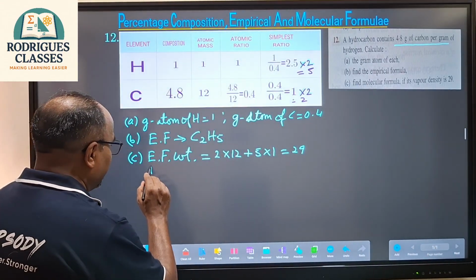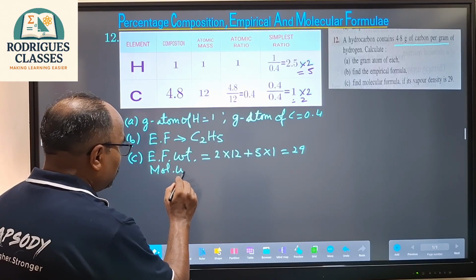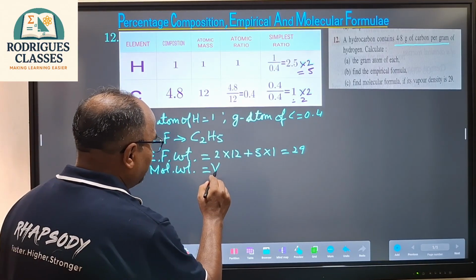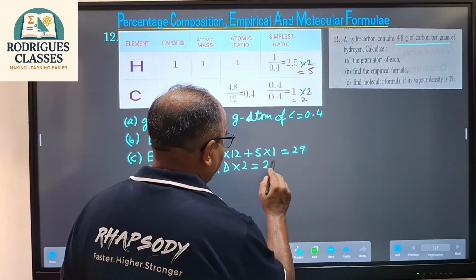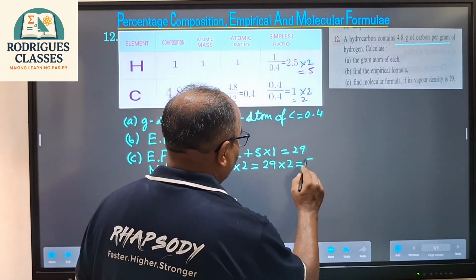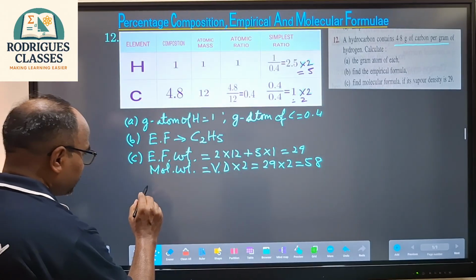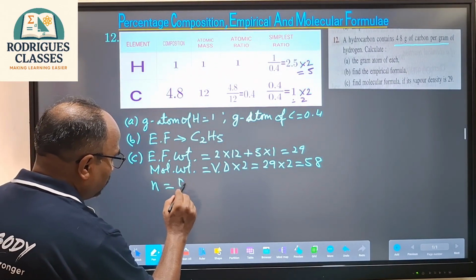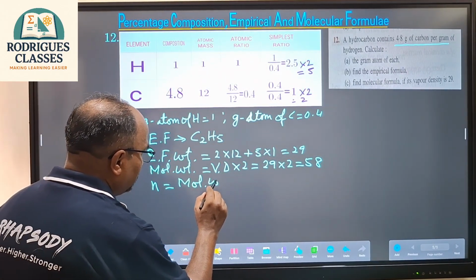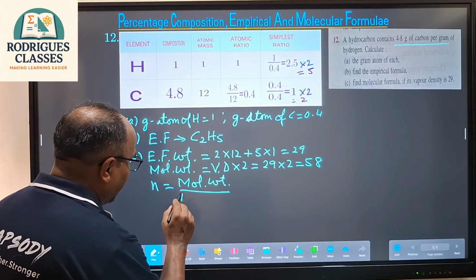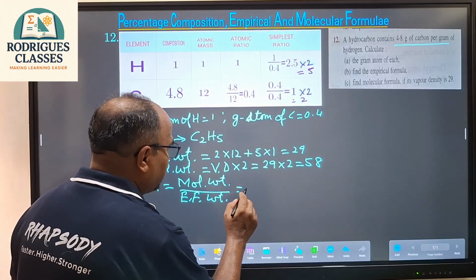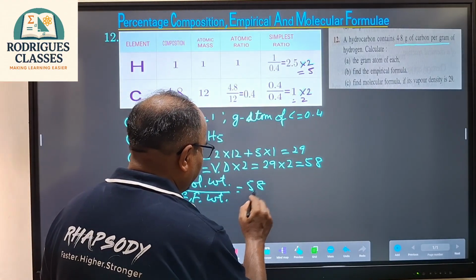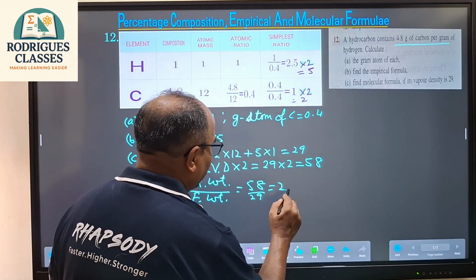So we need to find the molecular weight using the vapor density formula, which is VD into 2, so that is 29 into 2 becomes 58. Now we can find the n value: molecular weight by empirical formula weight, which gives us 58 divided by 29 equals 2.